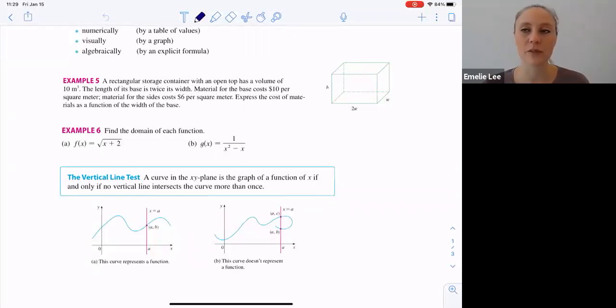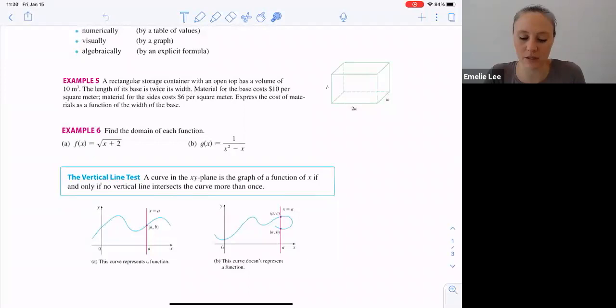The vertical line test is a graphical check to see if you have a function. There are graphs that are not functions, and here we've got a prime example. There are common expressions that are not functions, but that's okay.